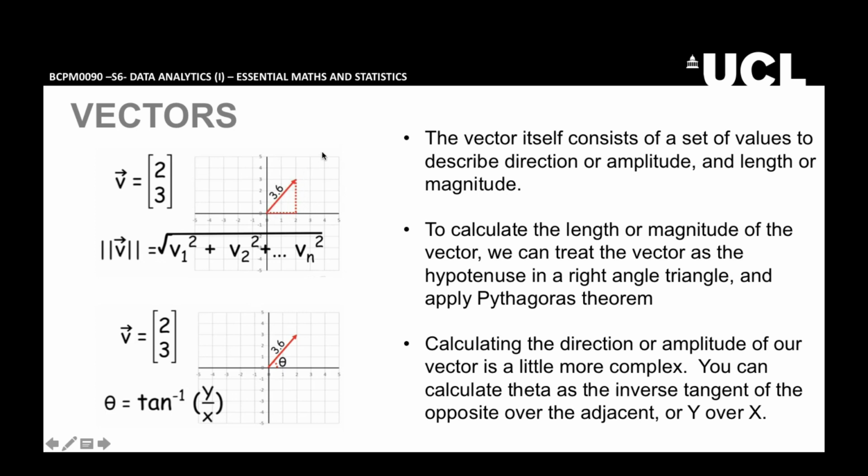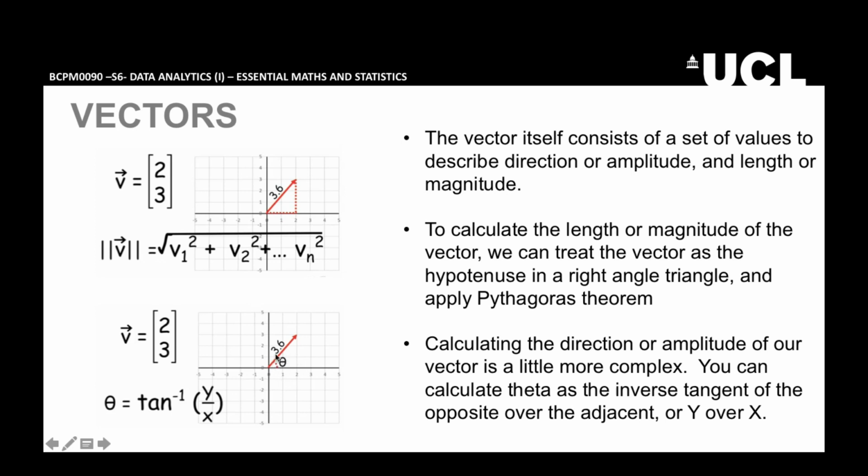To calculate this length or magnitude, we can treat the vector as the hypotenuse in a right-angle triangle, and then apply the Pythagorean theorem. Calculating the direction or amplitude is going to be a little bit more complex.